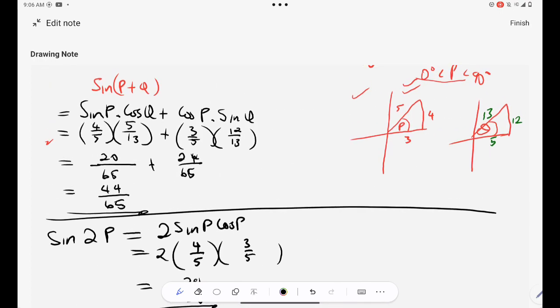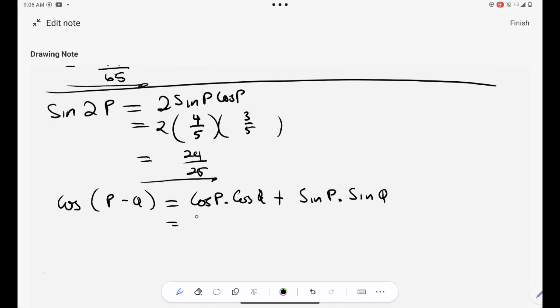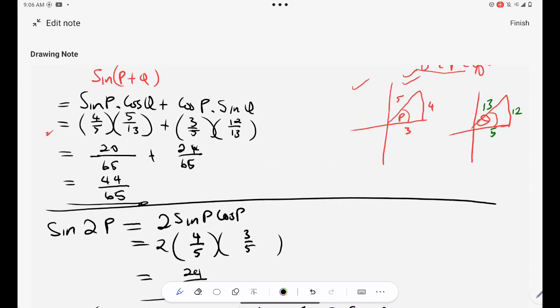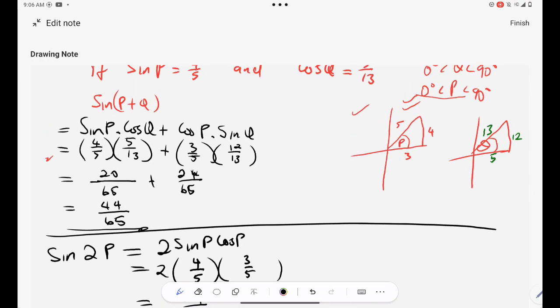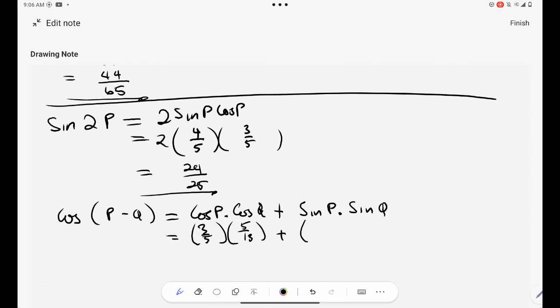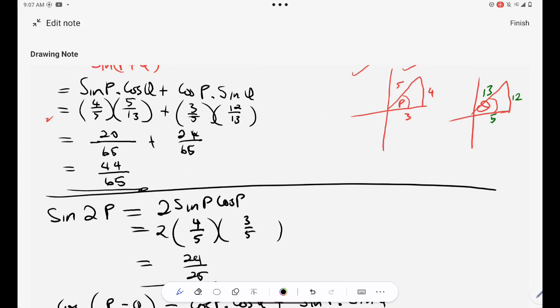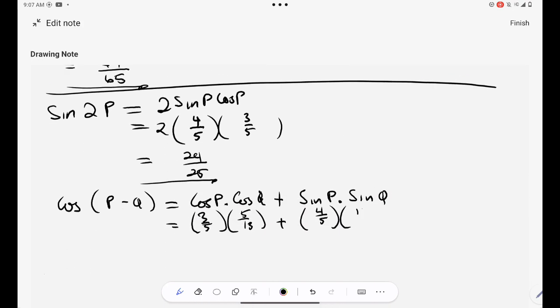Cos of P will give me 3 over 5. Cos of Q is 5 over 13, plus sine of P will give me 4 over 5. Sine of Q will give me 12 over 13.